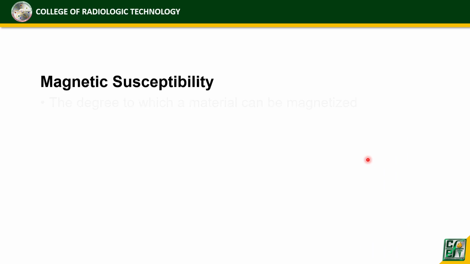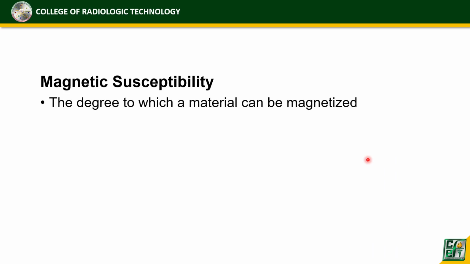Magnetic susceptibility, the degree to which a material can be magnetized. Yung word na susceptibility, parang kumbaga sa tao at sa infection, mahina yung kanyang immune system kaya siya ay susceptible sa sakit. So ganun din dito sa magnetic susceptibility.